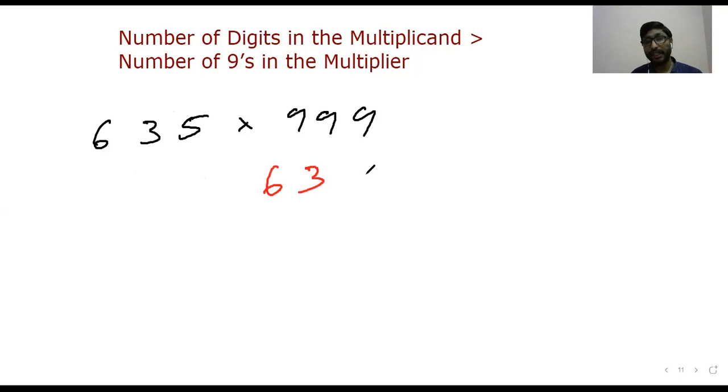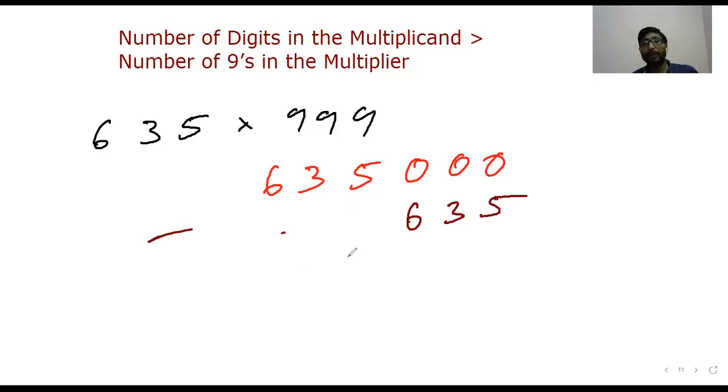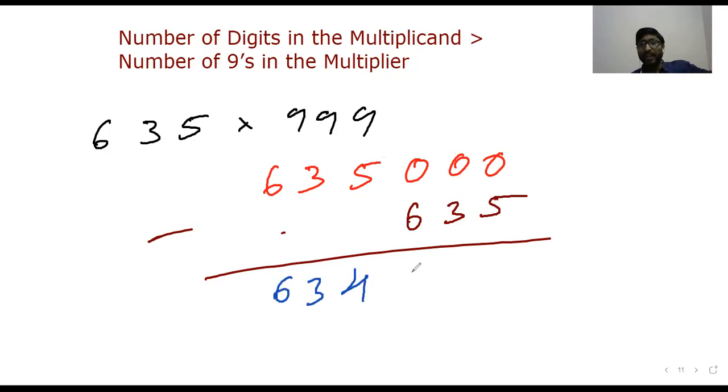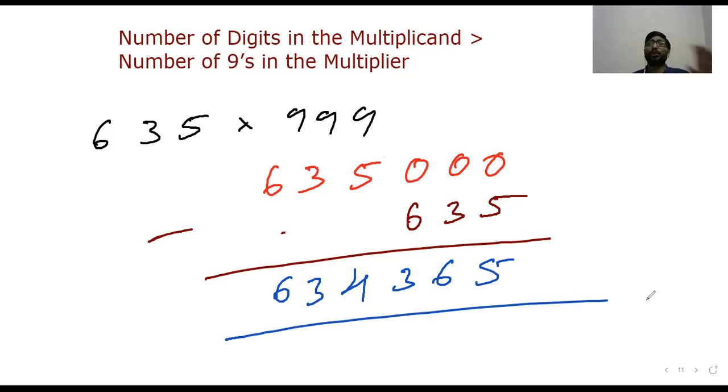Write down 6, 3, 5. And how many zeros do you need to take? 3 zeros. Then subtract 6, 3, 5. So the answer, if you do manual subtraction, I'm directly writing: 6, 3, 4, 3, 6, 5. That's it. You do a manual subtraction, you'll understand the logic. But if you use the previous logic, logic number 1, that is much easier than this.